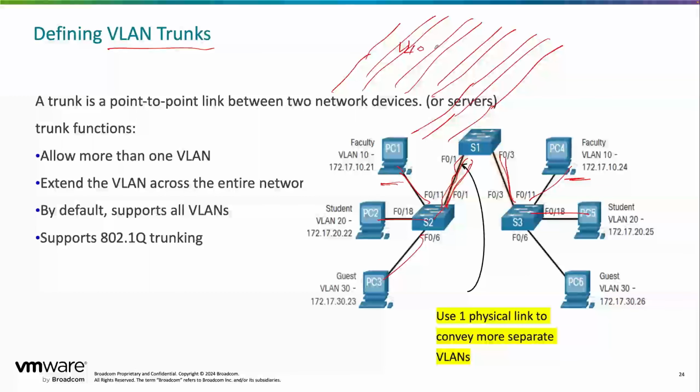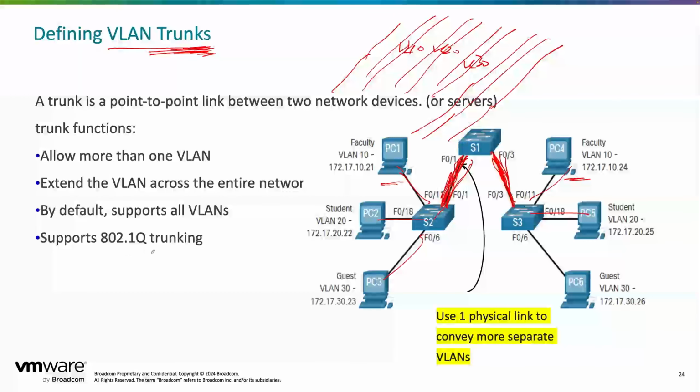For example, this is VLAN 10, this is VLAN 20, this is VLAN 30. This kind of structure we call a VLAN trunk. So this physical link needs to be a trunk for different VLANs to go through. That's the definition of a VLAN trunk.